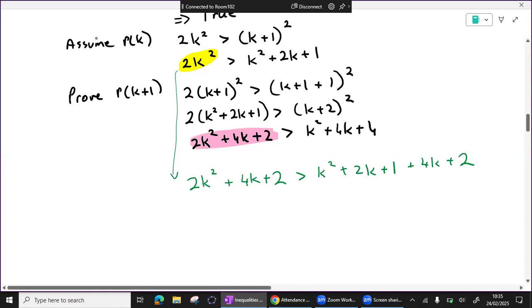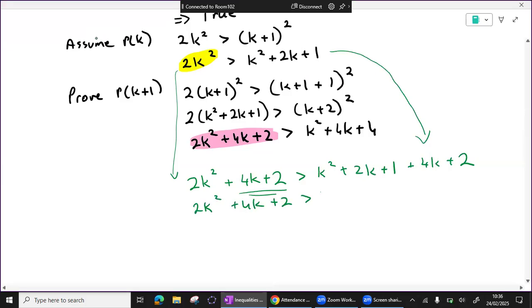I look at the yellow and the pink and I ask myself, how could I make the yellow into the pink? To make yellow into pink, I would need to add a 4k plus 2. If I add it on the left, I also have to add it on the right. So just tidying it up somewhat, I have k squared plus 6k plus 3. That's the best I can make it.